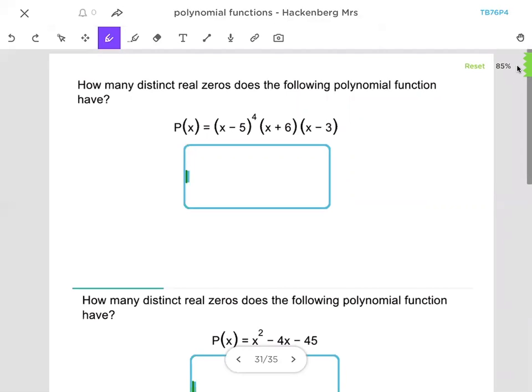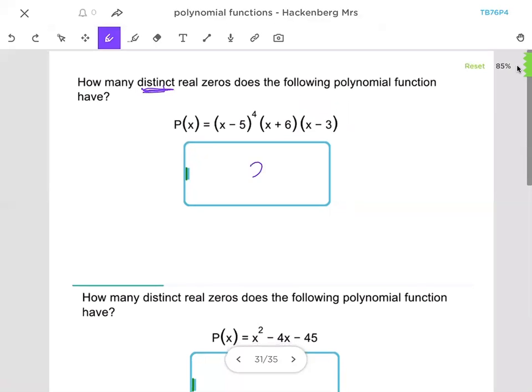How many distinct zeros does the following polynomial function have? Well, I have a 0 at 5. It has a multiplicity of 4. I have a 0 at negative 6. That has a multiplicity of 1. I have a 0 at 3 with a multiplicity of 1. But it says how many distinct zeros does it have? Even though I have a multiplicity of 4 at the 0 of 5, it's like a repeat of that same exact 0.